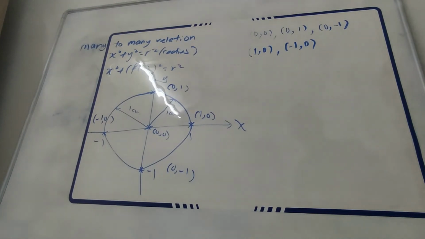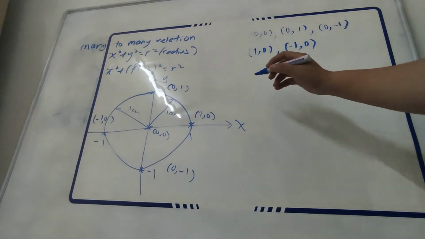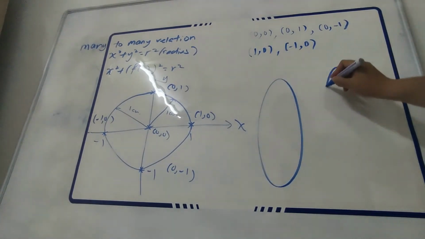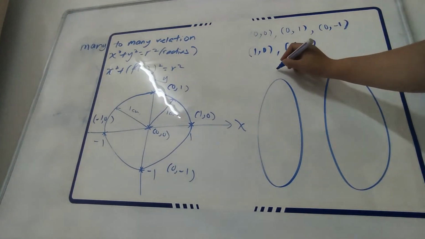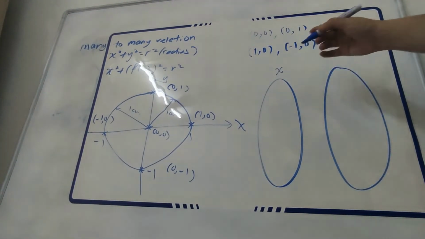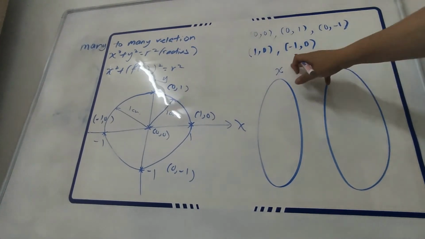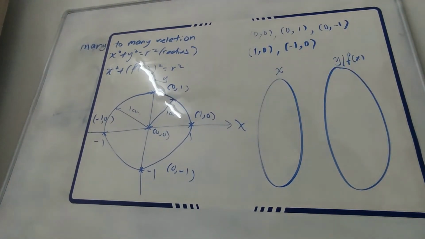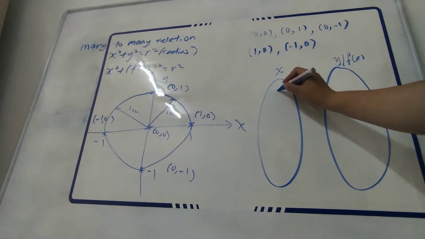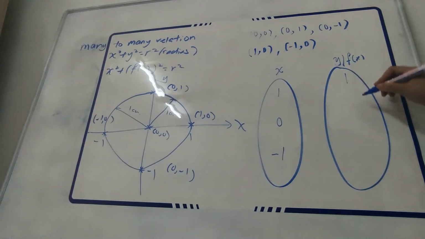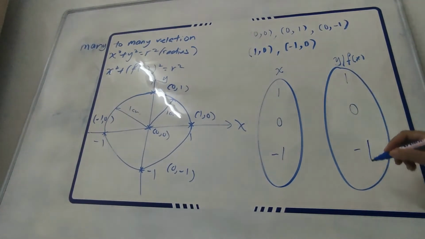And if you try to draw the mapping diagram for this many to many relation, this is how you're going to draw it. So this is x domain, this is y codomain of fx, because it's an image and object. And okay, you will see here 1, 0, minus 1, 1, 0, minus 1.